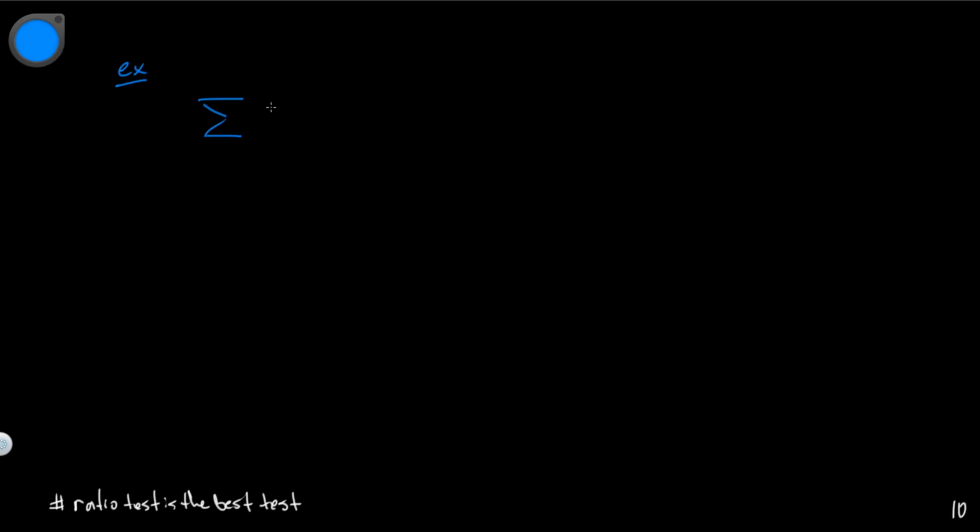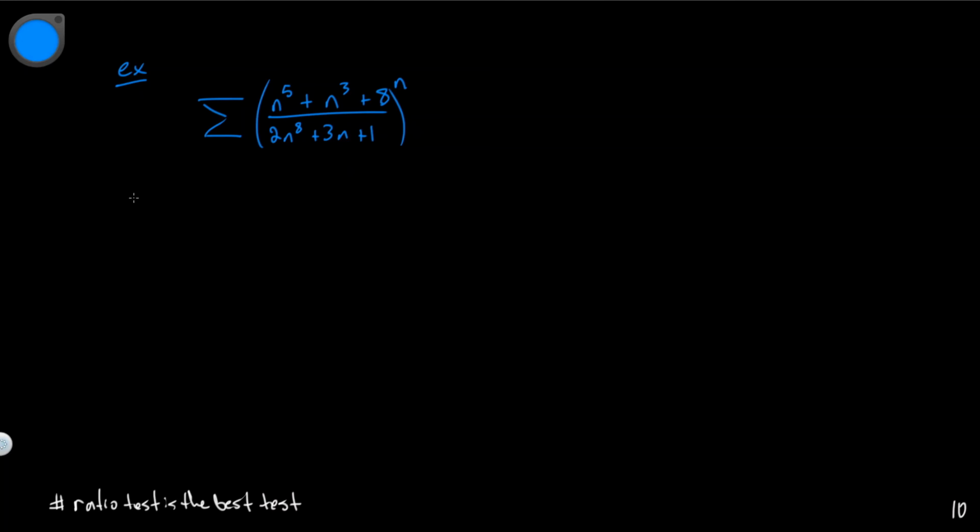So we have n to the 5th plus n cubed plus 8 all over 2 times n to the 8th plus 3n plus 1, all raised to the n. Right, when is it good to use the nth root test? When you're raising things to the nth. Otherwise, I probably would use the ratio test, but this will appear every now and then. This is not an uncommon series that will pop up.